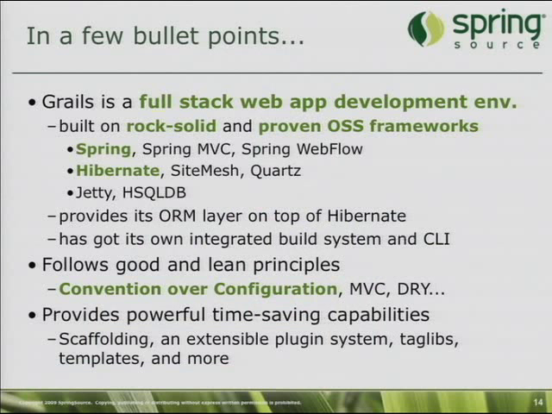There's a nice extensible plugin system, so you can extend and expand Grails to provide different view layers, different integrations with other external APIs, or for instance, using security APIs or using JMS, etc. So you can use plugins for that kind of stuff.